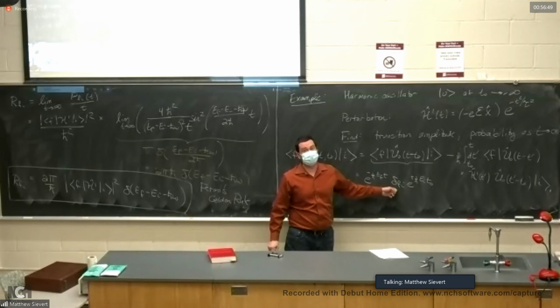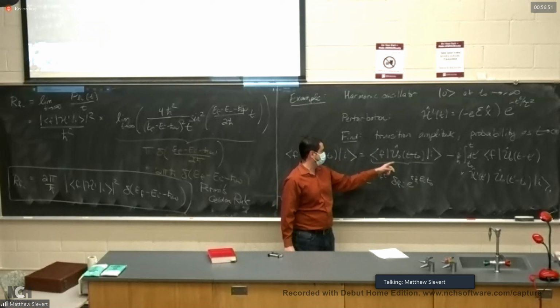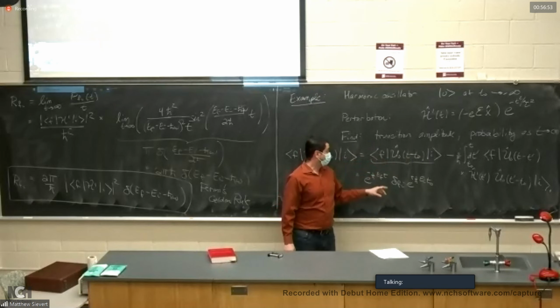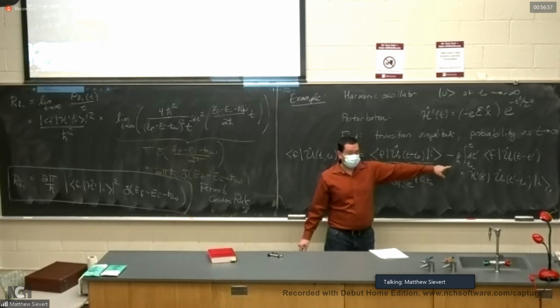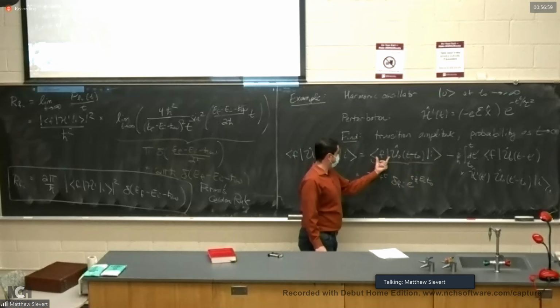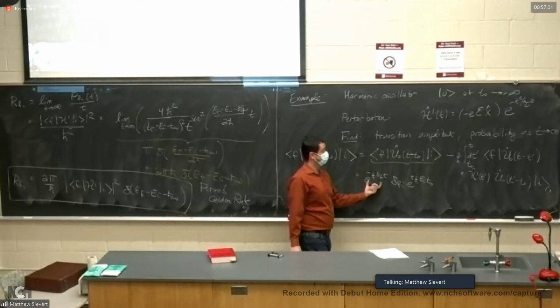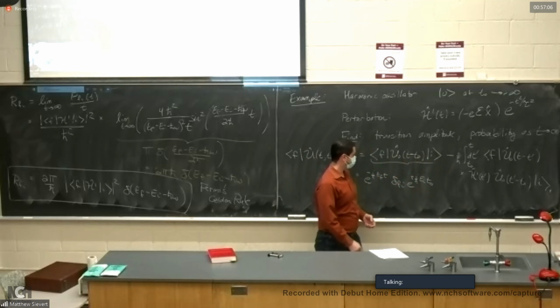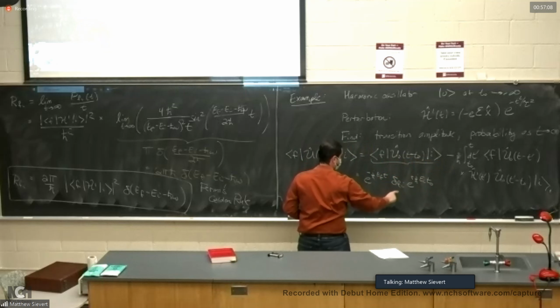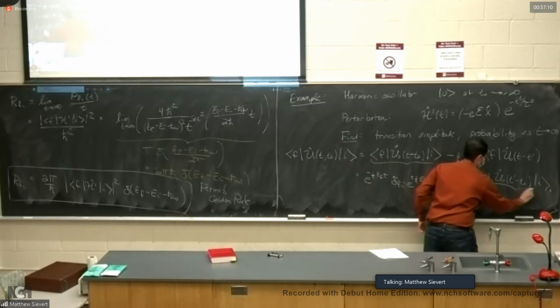Final and initial are the same thing. So I could have called this E final times t minus t naught. Or I could have called it E initial times t minus t naught. But to make it match up with the other term, it's useful to pick the endpoint here to be E final at t, and the initial point here to be E initial at t naught. So let's continue evaluating this on the other board.